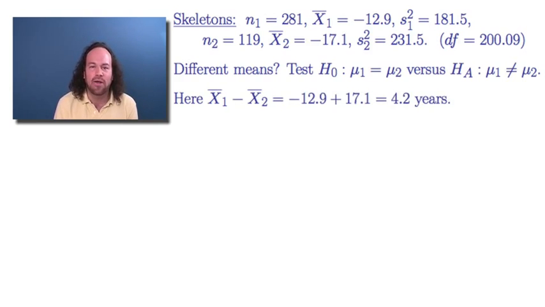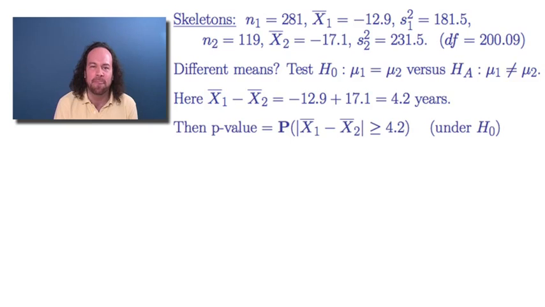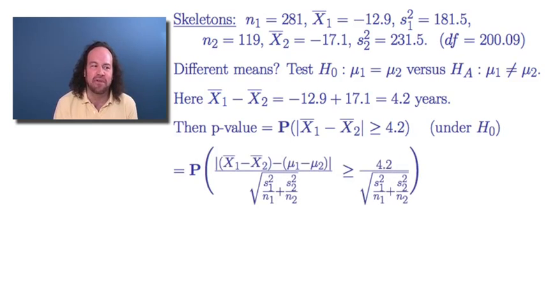Well, now we know how to compute a p-value. The p-value should be the probability that we would observe a difference in the sample means at least as big as 4.2 years under the null hypothesis. So we do our old trick of subtracting off the mean, although in this case mu1 minus mu2 is actually 0, and then dividing by the square root of the sample variance again, and we do that to both sides.